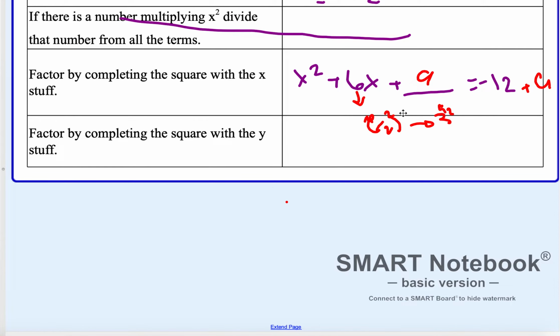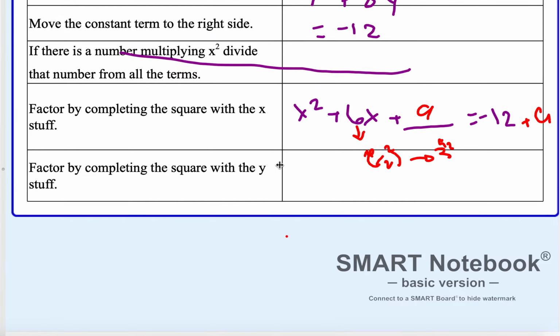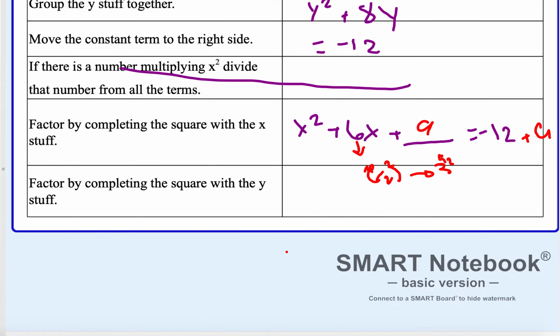Okay, so now we've taken care of one piece of this problem. The next piece is to factor with the y stuff. The y stuff here was y squared plus 8y, plus, we don't have a c value. We got rid of that constant, and I'm going to combine these things later, but we'll write them like this for now: negative 12 plus 9, because that's what we had before.